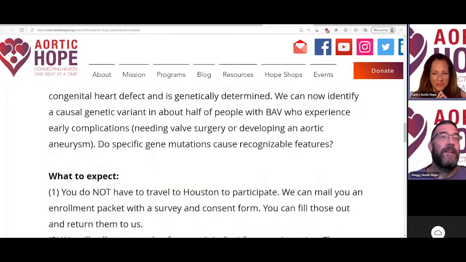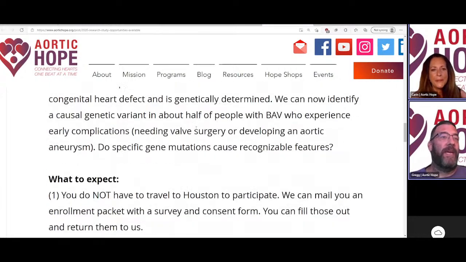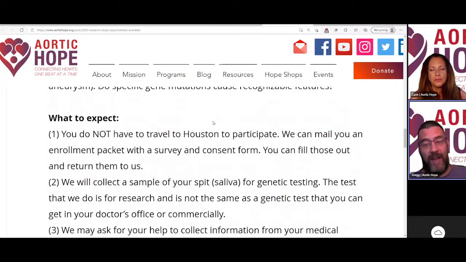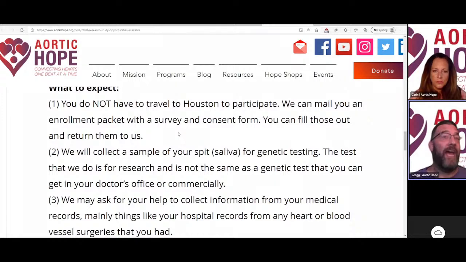Okay, go ahead. Now this one that's about the BAV, you do not have to travel to Houston to participate. That first exercise one is a participate-in-person study, because they need to see and monitor what's happening to you under exercise. This one is an enrollment with a survey and a consent form and a spit test for their genetic testing.